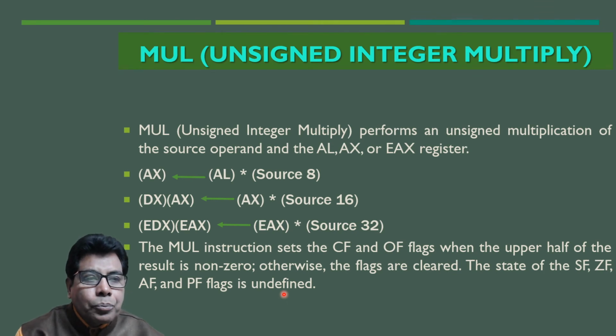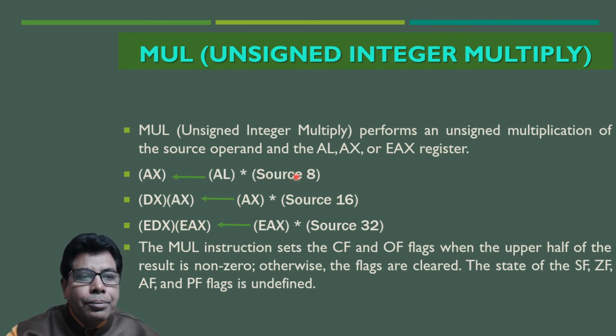Then the MUL instruction, unsigned integer multiply. This instruction performs the unsigned multiplication of the source operand and the accumulator: AL, AX or EAX register.